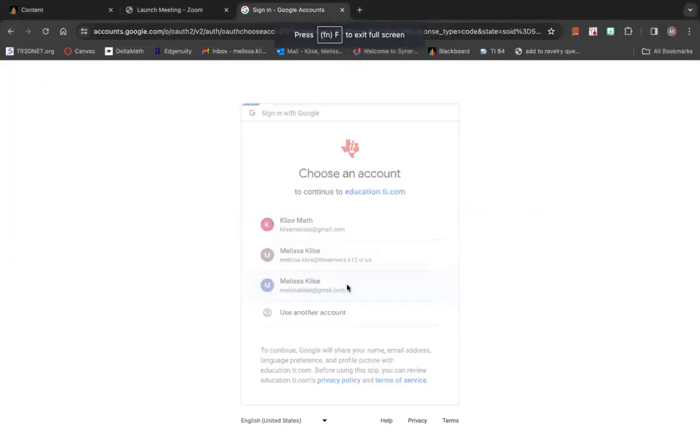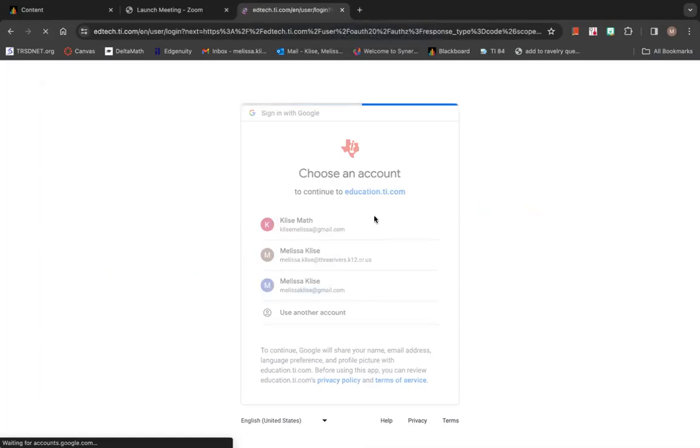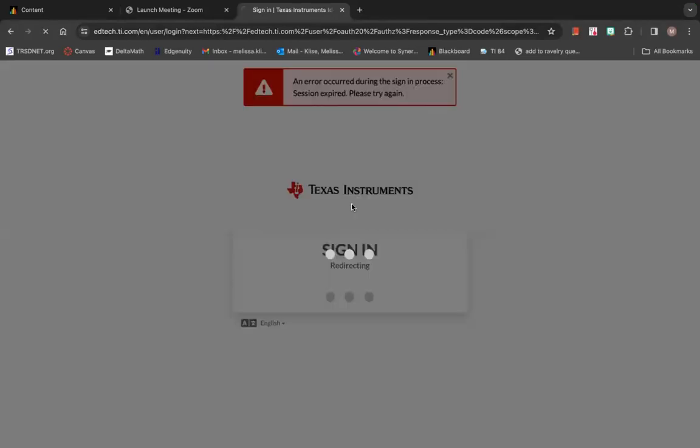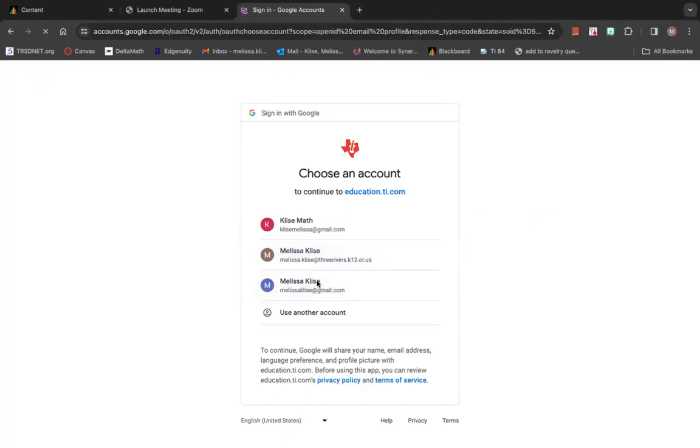Let me show you. Oh, it didn't log me in. Darn it. So the circle thing with the arrows on it, you might need to push that to the right to get out of it. Mine does, I don't need to do that on mine, but you might need to. How come it's not signing me in? So the circle thing above the clear button, push the right arrow to get out of your exponent.